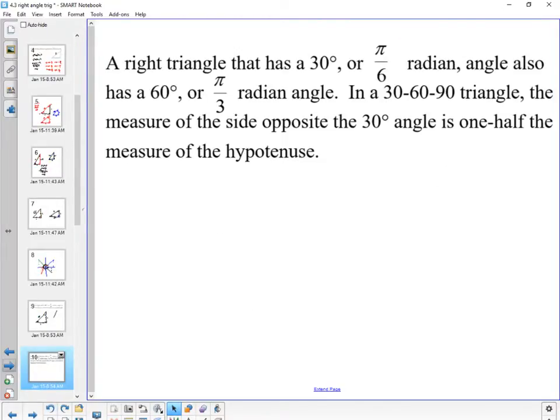How do you draw for me the 30, 60, 90? Draw for me the 30, 60, 90 real quick.